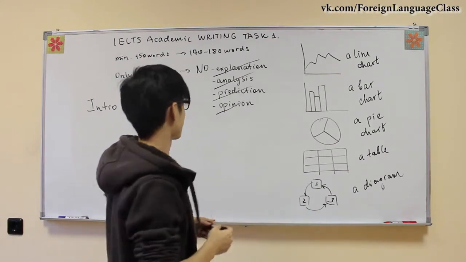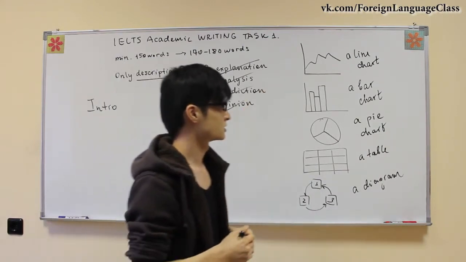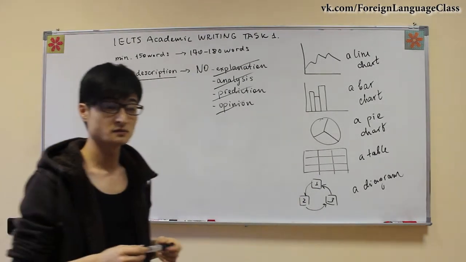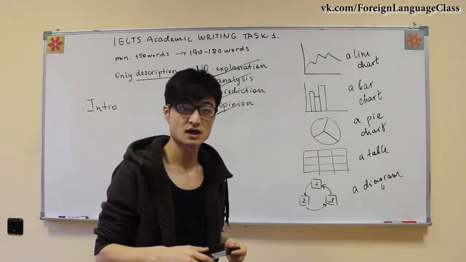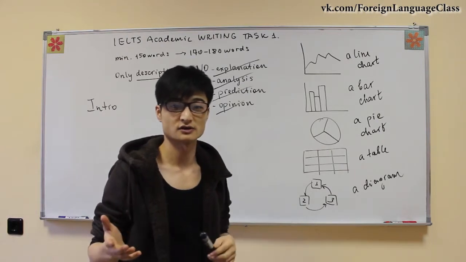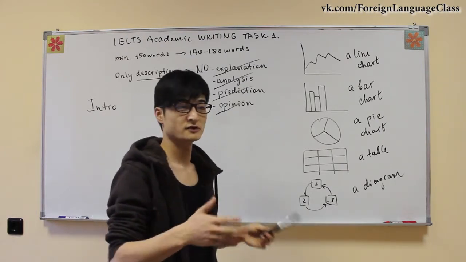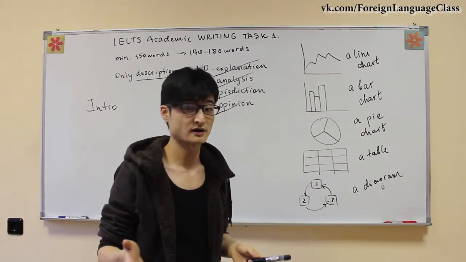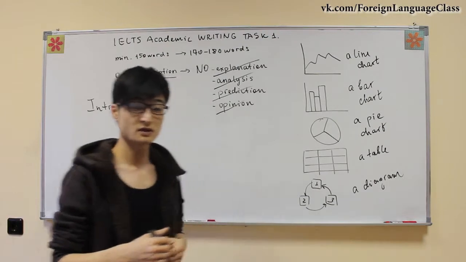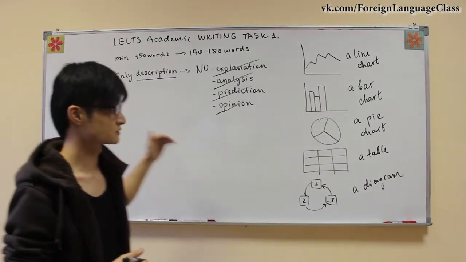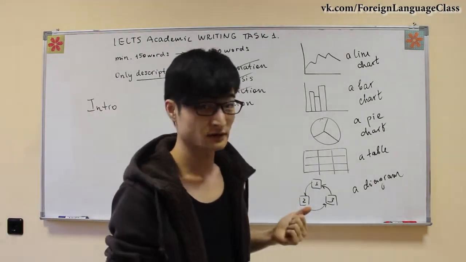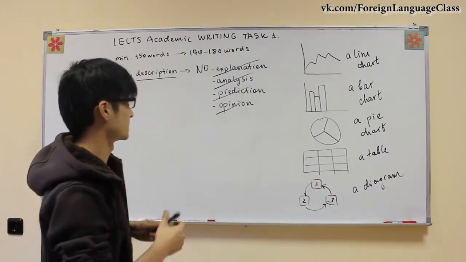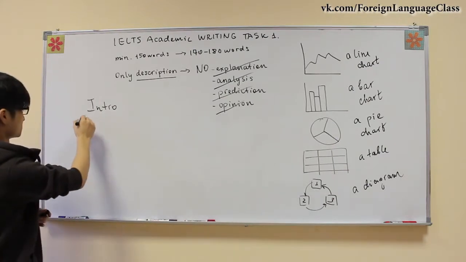For example, the line chart shows the amount of money spent for books in Russia for the period from 1999 to 2005, for example. That may be your introduction, just to describe what kind of information is given in the task. Okay? So, introduction.